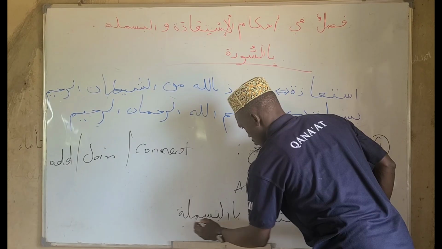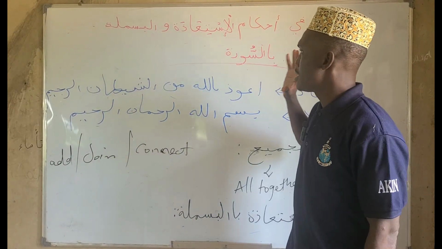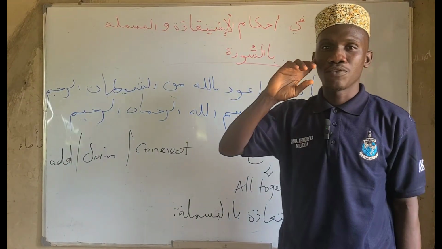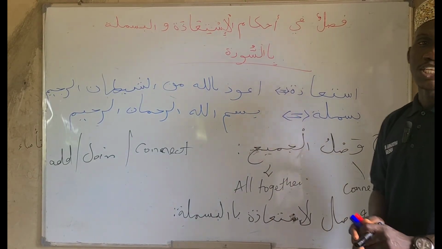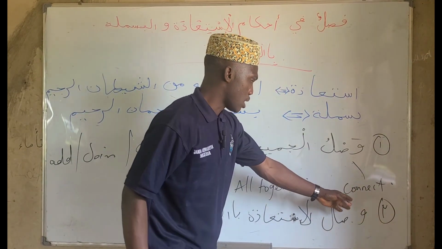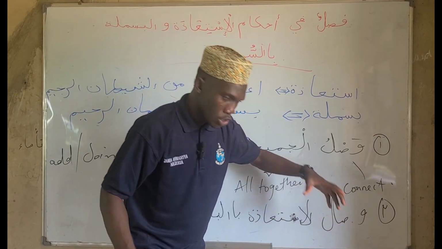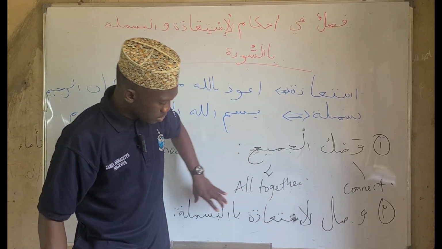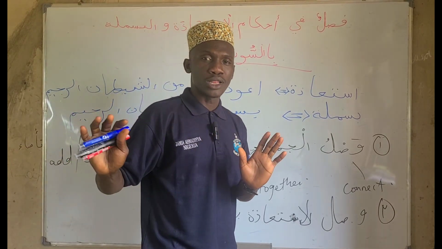Now the second way is Waslul Isti'ādhah bil Basmalah. We've already said the meaning of Waslu is connect. So it means that you are going to connect or join Isti'ādhah with Basmalah, and you will read the verse separately.